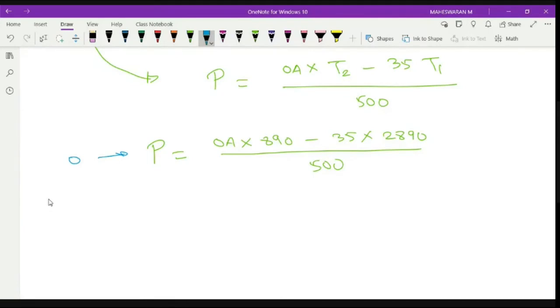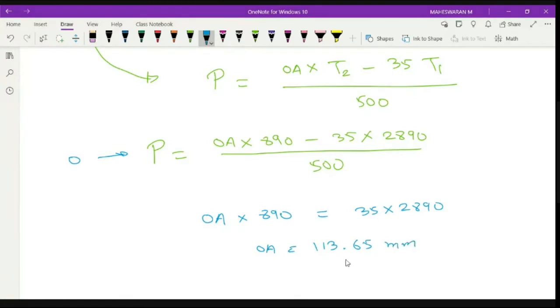So what happens? You will get OA into 980. When P is equal to 0, OA is equal to 113.65 mm.